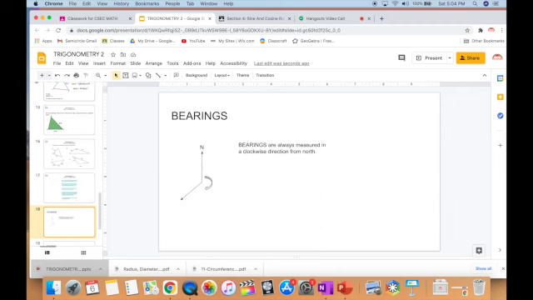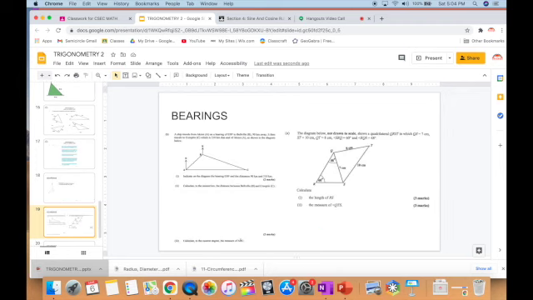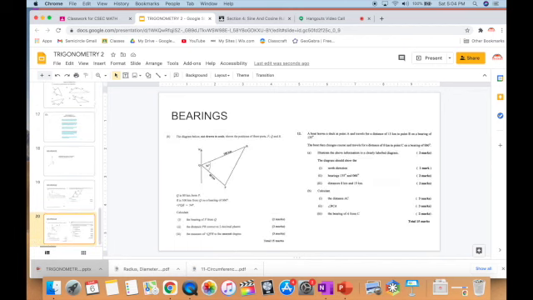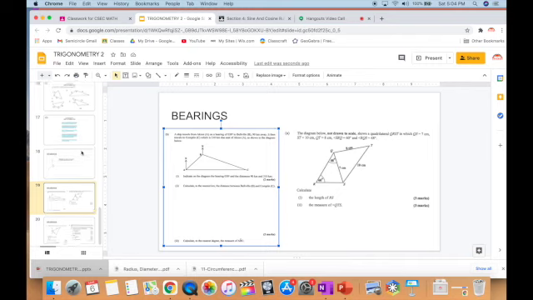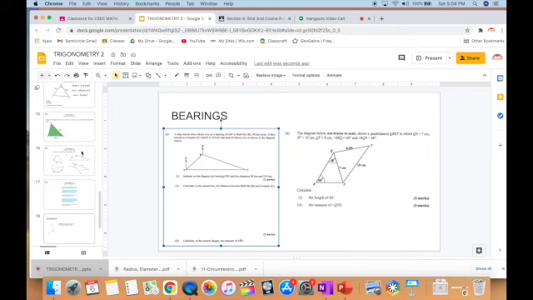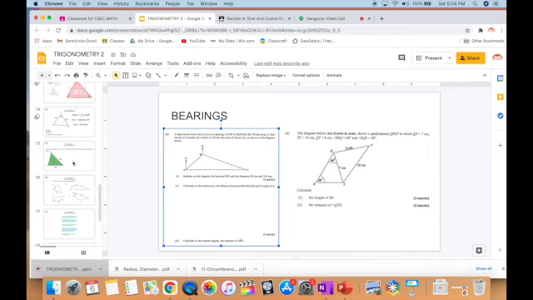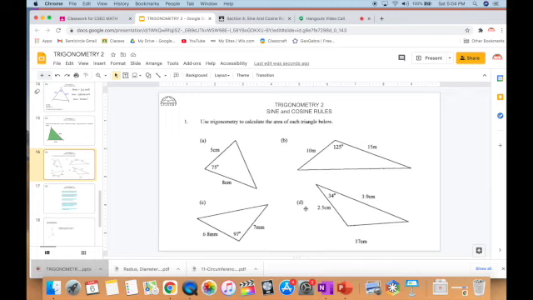And then we have to do this, bearings. Now bearings is a question. All of these questions you see in here are CSEC past paper questions. Bearings is the question that they will test you on sine and cosine rule with. When you get a CSEC question on sine and cosine rule, they're not going to just give you a triangle and say find that side.